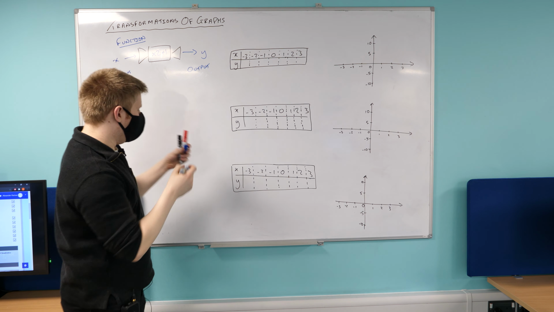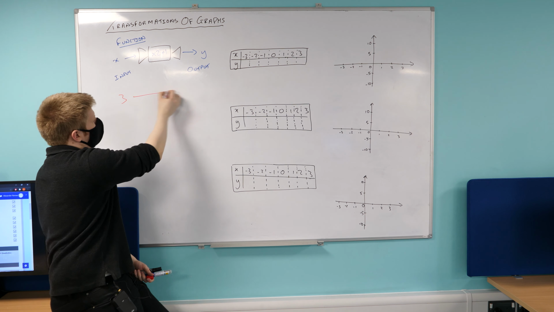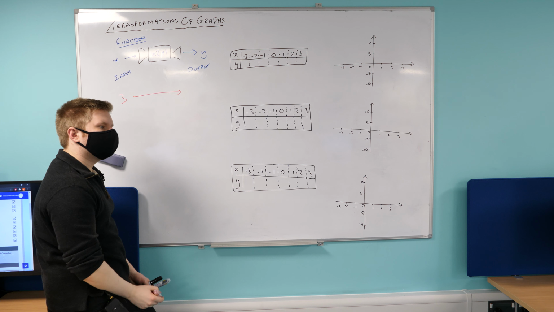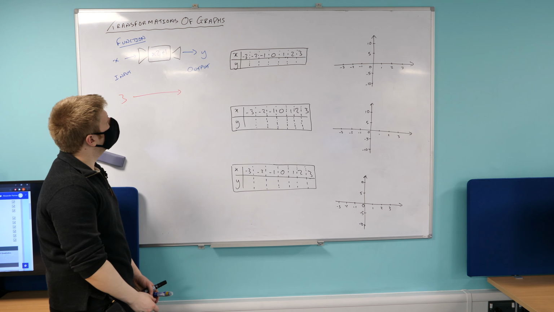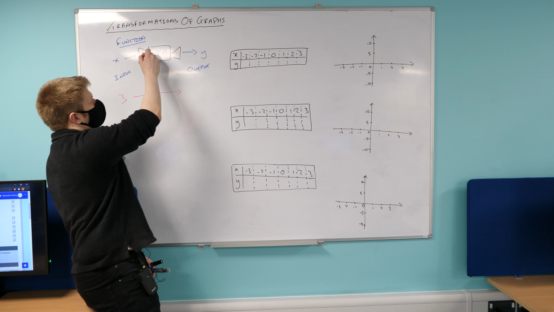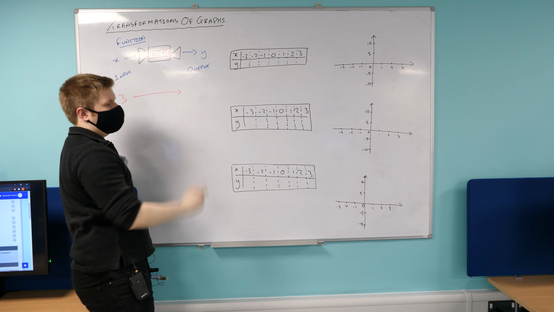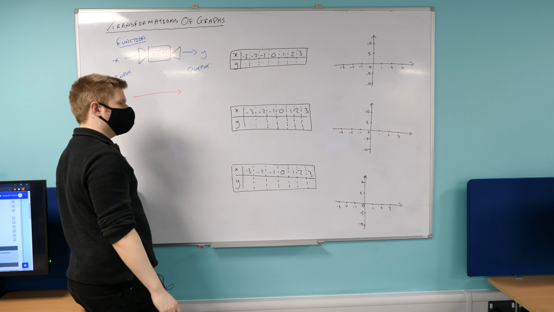I'm just going to give you a few inputs to have a go with. If I put 3 in, what's my output going to be? Not 6. My rule is times it by 2, then add 1. 7, perfect.